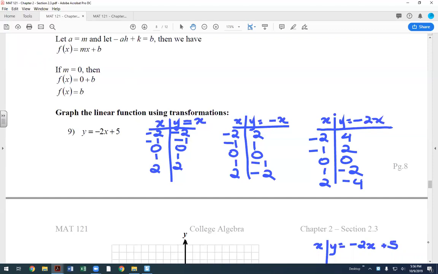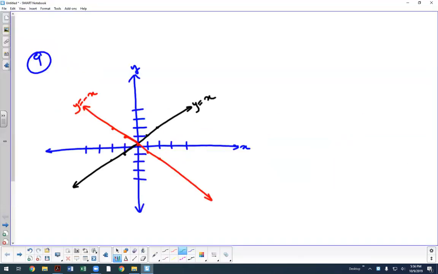4, 2, 0, -2, -4. A little off, but basically what happened is the line that was in red, which was our line of reflection, will now become a little bit steeper when we multiply by 2.